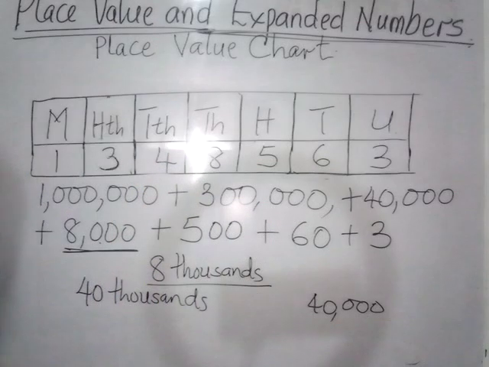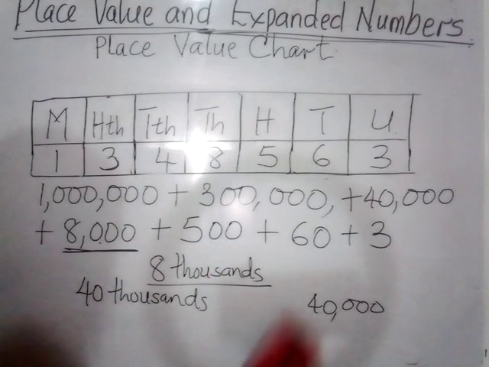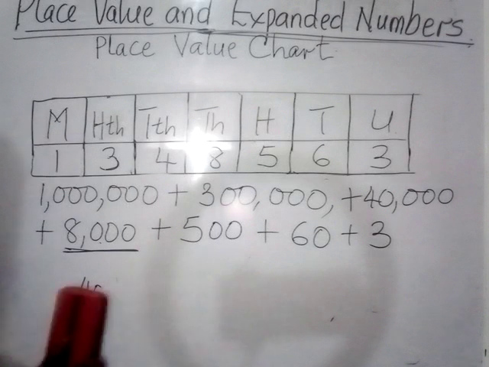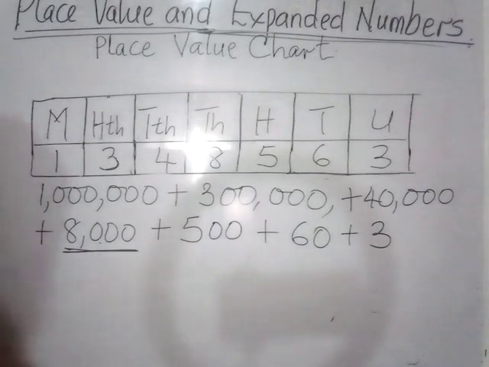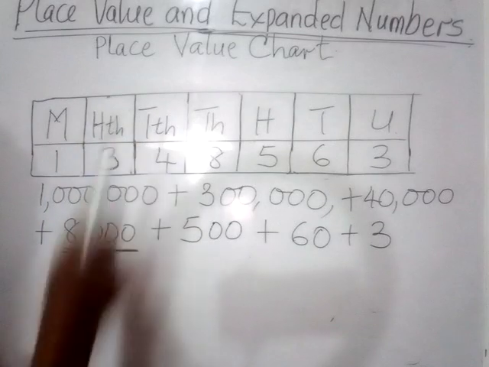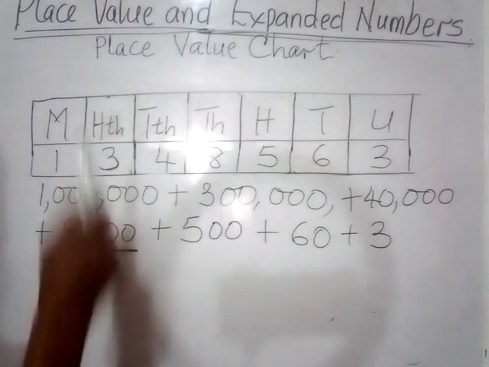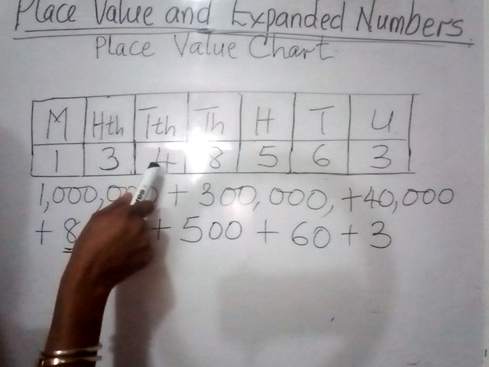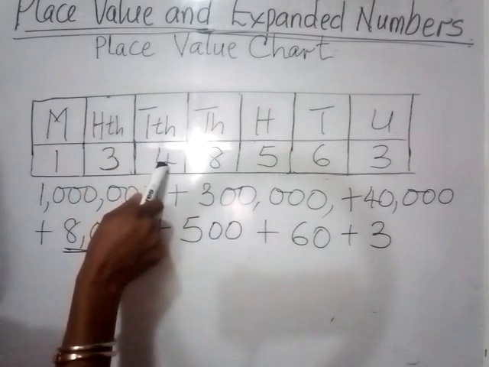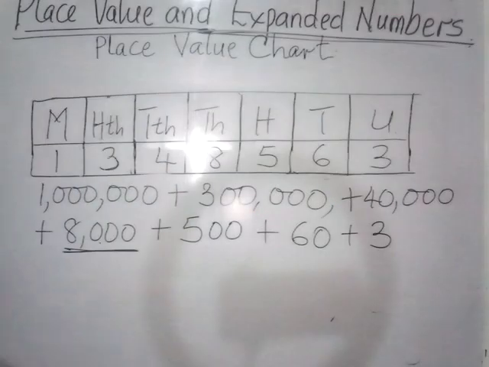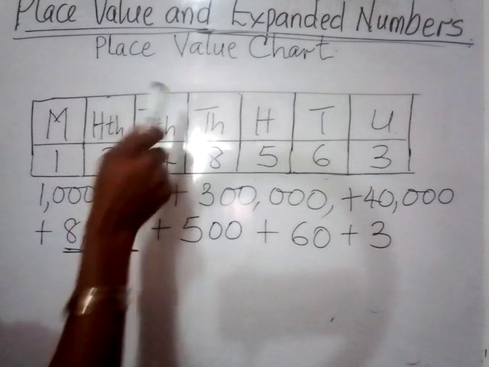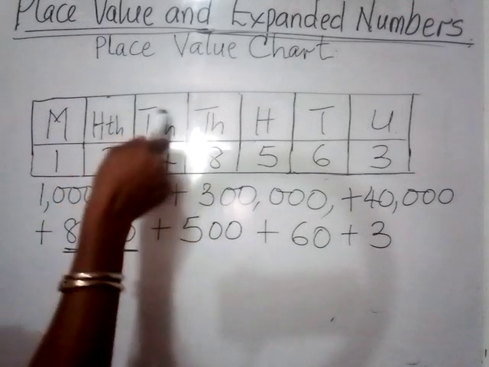Why 40? Why do I say 40? Now don't get confused. Remember that this digit is in the position of 10,000. So this number is in position of tens of thousands. So it's 4 10,000s, or 4 tens of thousands.